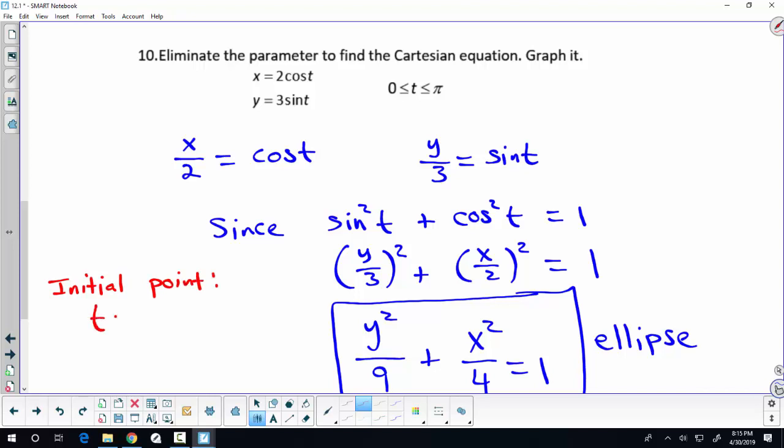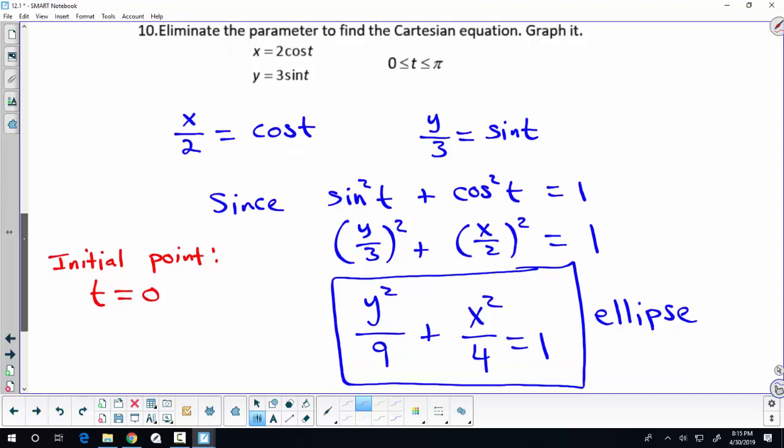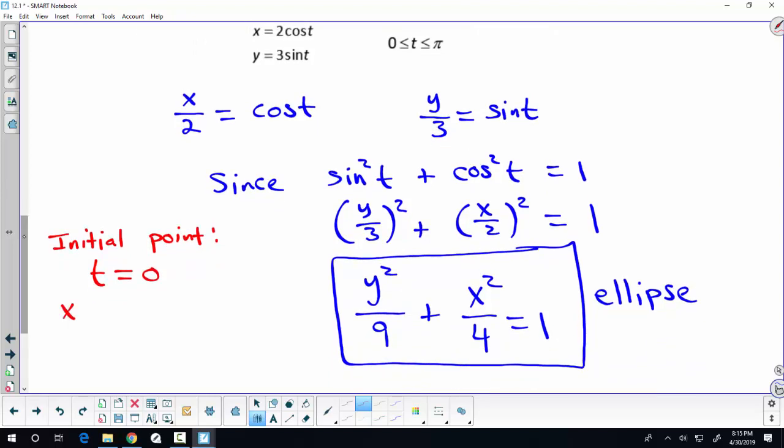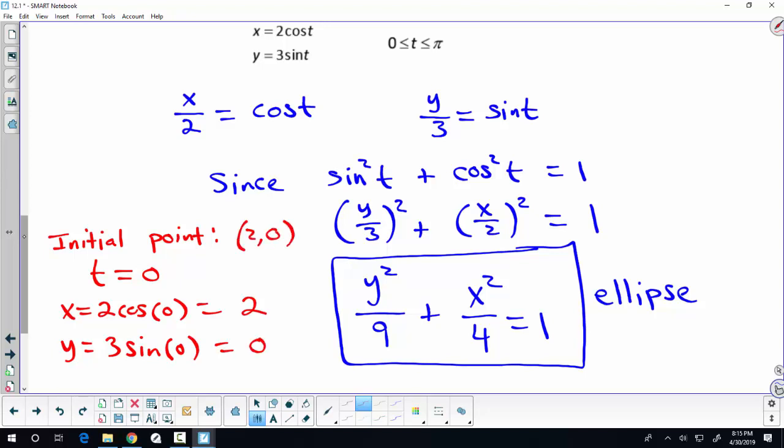Initial point when t is its starting value, which here is 0. So we have x equals 2 cosine 0, and y equals 3 sine 0. So our initial point is 2, 0.